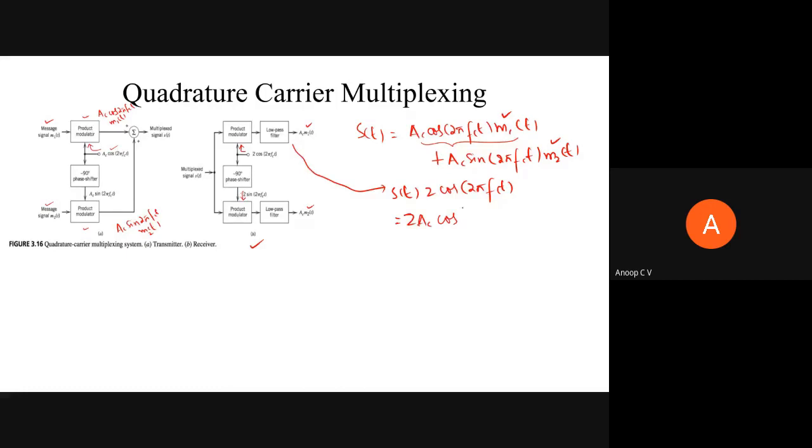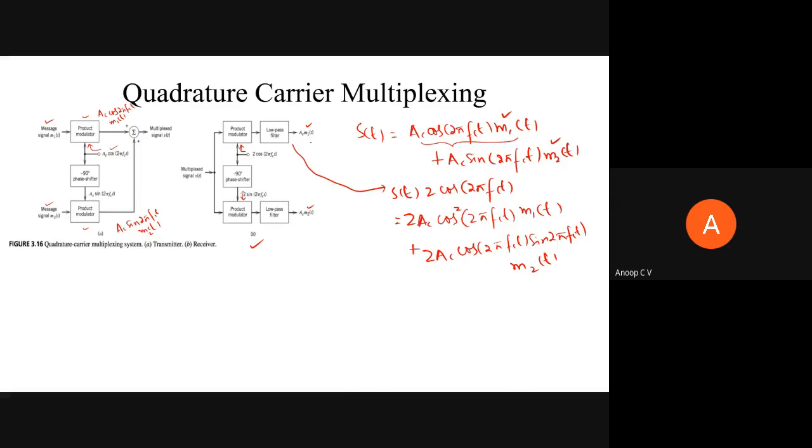Can I write cos square 2 pi fct? Yes, sir. Cos square 2 pi fct times m1 of t, plus I have 2 AC cos 2 pi fct sin 2 pi fct times m2 of t.